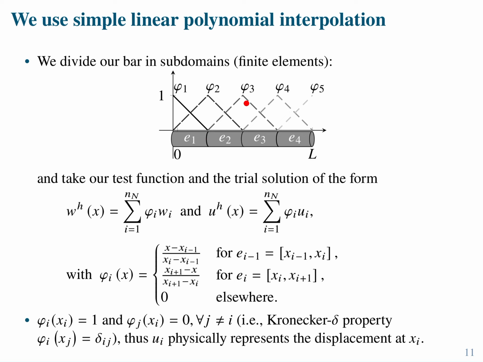So when I want to find out what is the displacement at this point, and I replace in this expression here, all the functions are going to be equal to 0 at that location, except for one that is going to be equal to 1, and therefore that degree of freedom that is associated to that function physically represents the displacement of the field at that location. That is why in this context, and in this context only, we can talk about degrees of freedom being displacements.